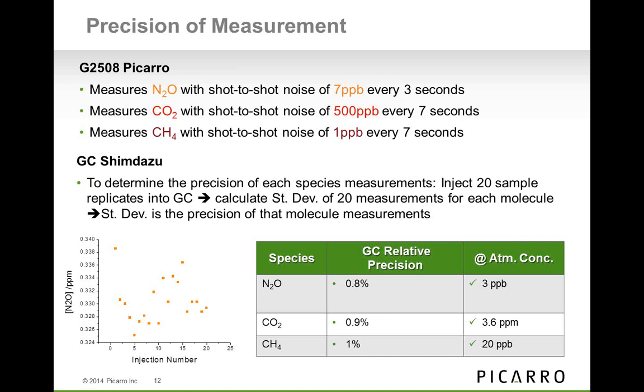CO2 is 500 ppb and methane is 1 ppb. So you can see that the GC has a stronger single-point measurement than the G2508 for nitrous oxide, but for methane and CO2, the G2508 is significantly more precise. And then we'll see what can come of that, even though it has a smaller noise.